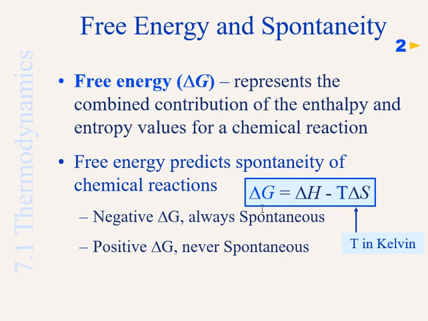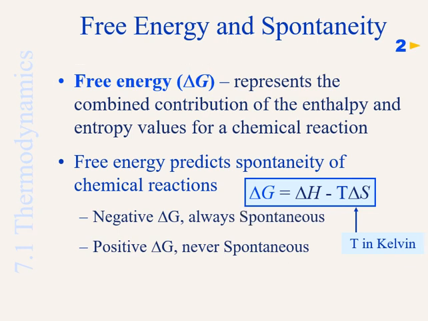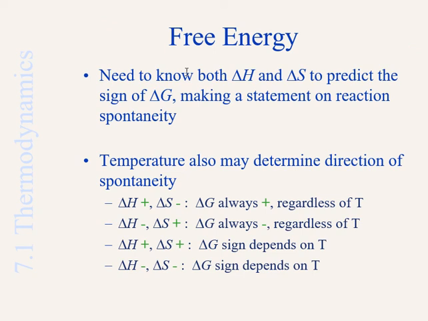Whenever you apply this equation, you will get a sign of some value, some number. If the sign is negative, that means the reaction is spontaneous. If it is positive, the reaction is non-spontaneous. It's never spontaneous. Okay, so that is called free energy.